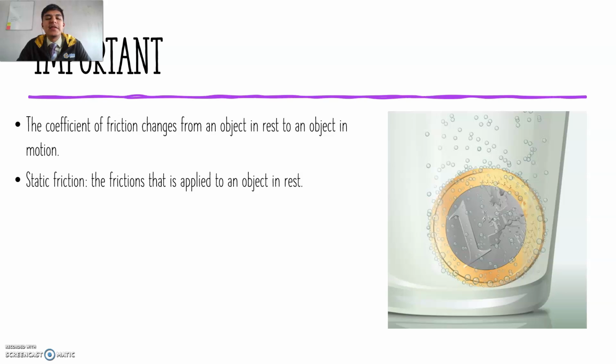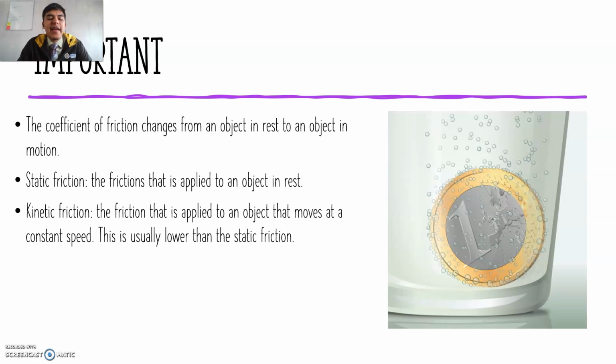So if an object is not moving, we are talking about static friction. And we also have kinetic friction. It is the friction that is applied to an object that moves at a constant speed. This is usually lower than the static friction. So, one more time. Static friction is for motionless objects, and kinetic friction is for objects that are moving at a constant speed.